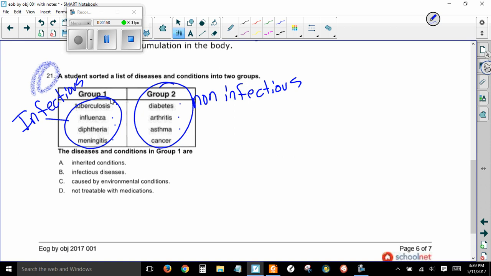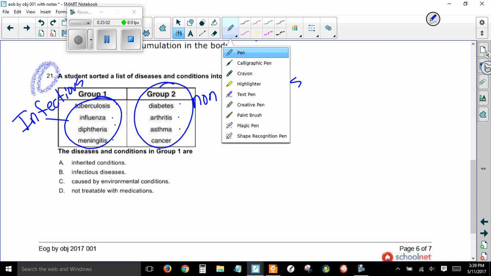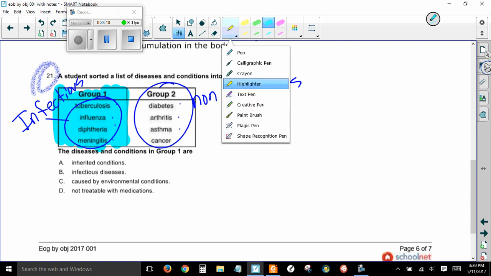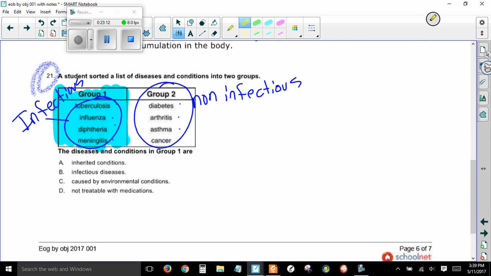The diseases and conditions in group 1 are... So that means we just need to think about this section right here. Are they inherited? You don't inherit influenza, which is the flu, by the way. Infectious diseases. Well, that sounds pretty good, but we read all the answer choices.